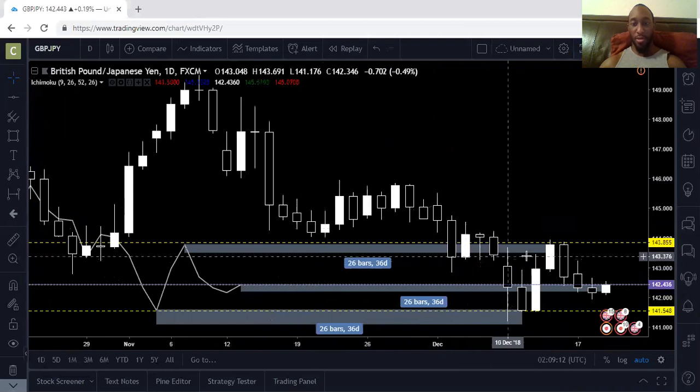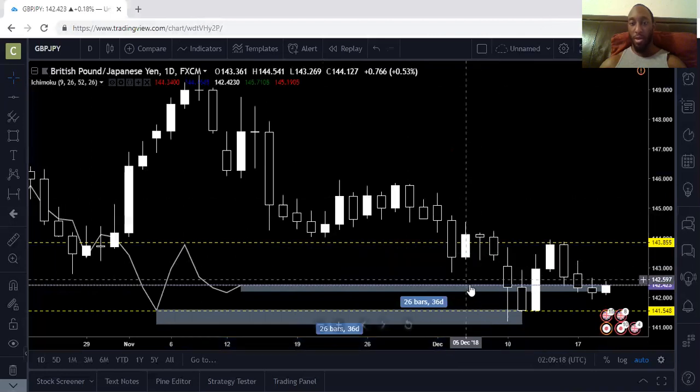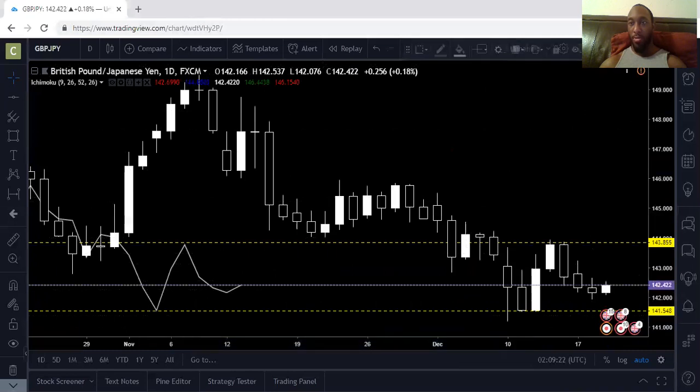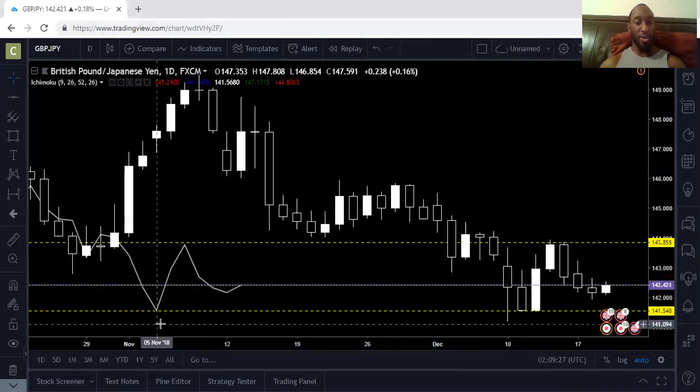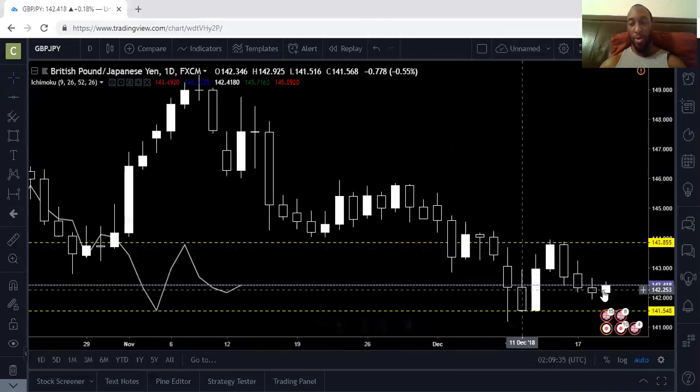So now that we got that established, you now see that it lines up perfectly. 26 candles behind, you count it forward.